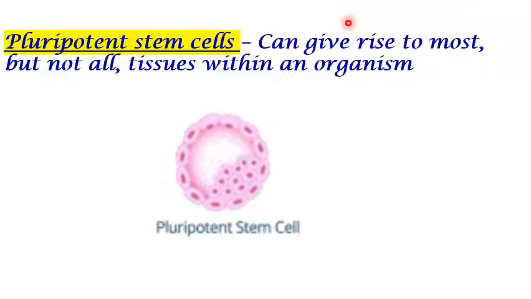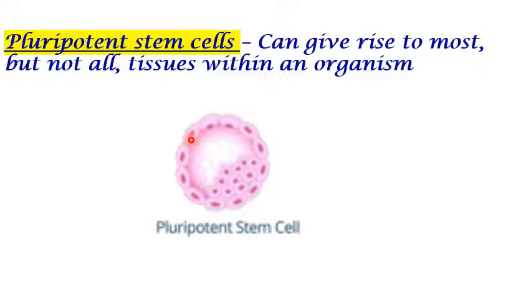This type of stem cell differentiates into 3 types of germ layers, which are called the ectoderm layer, endoderm layer and mesoderm, which I showed in the previous slides. These germ layers are further differentiated into different types of tissues as well as organs.